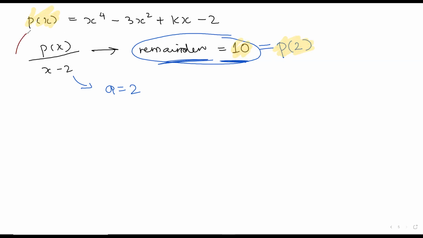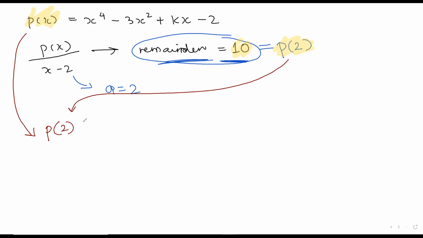So I am just taking a look at this. P of, instead of X, I'm going to put 2. Why am I going to put 2? Because I have P of 2. I know the value of P of 2. That's why I'm replacing X with 2 everywhere. So this becomes 2 to the power 4 minus 3 times 2 squared plus, and now we don't know the value of K, so that's as it is, multiplied by 2 minus 2.